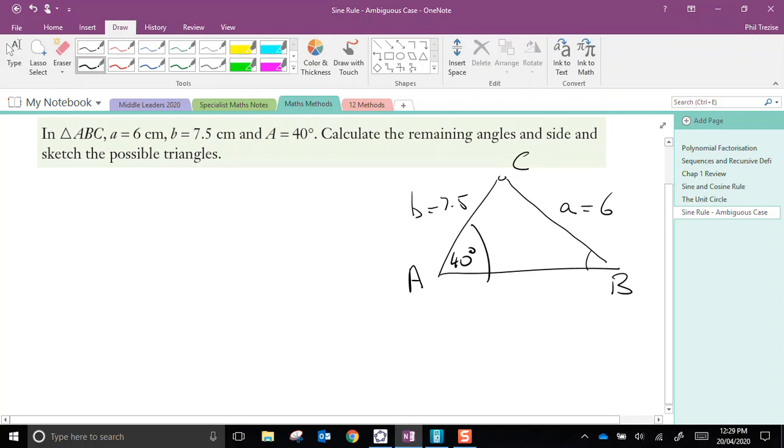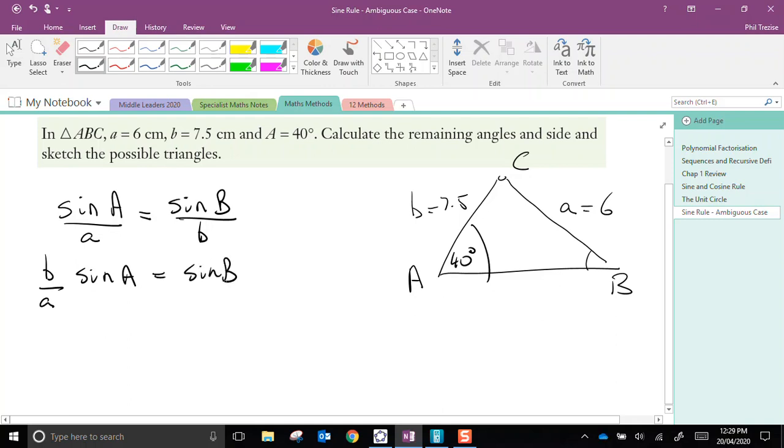So using our sine rule, we have sine of the angle at vertex A over a equals the sine of the angle at vertex B over b. Now we're trying to find this angle, so it would be b over a by the sine of A equals the sine of B.